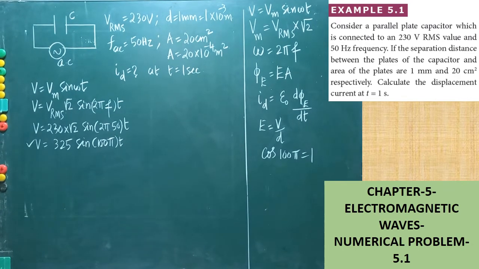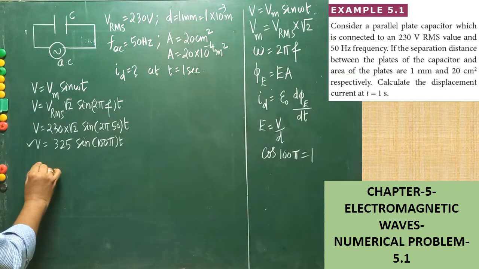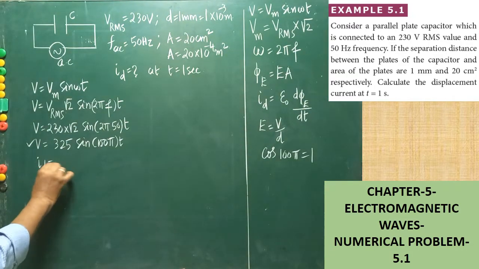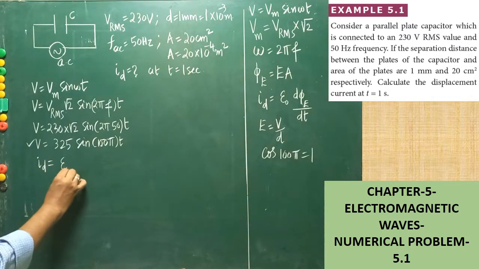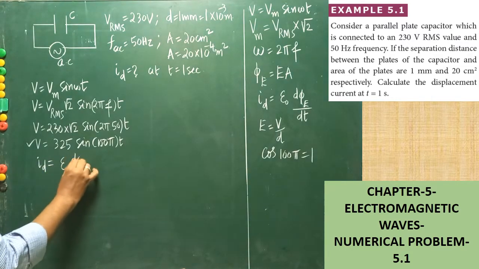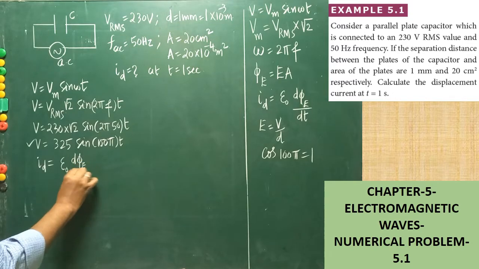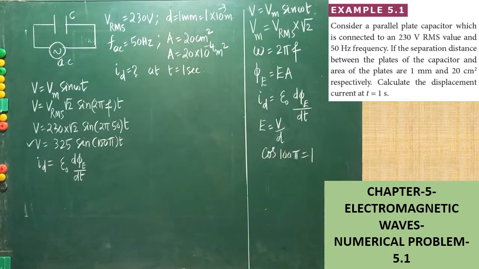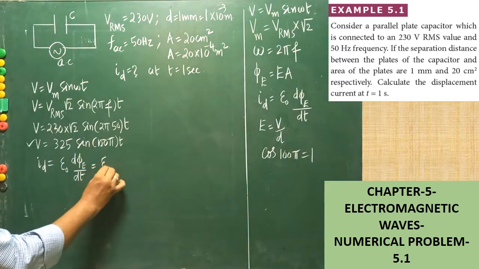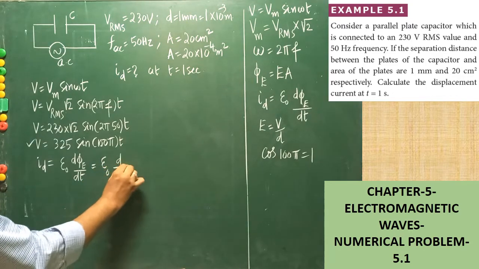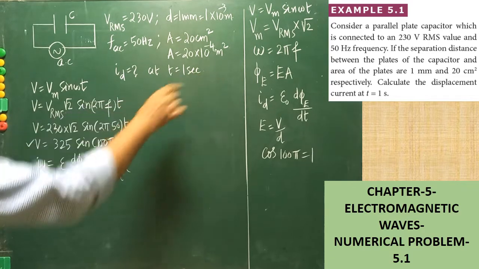Now we are going to get the formula for id. How to get the formula? id is equal to epsilon naught of d phi E by dt, is the formula. The next step we can write epsilon naught d by dt of, instead of phi E you can substitute EA.